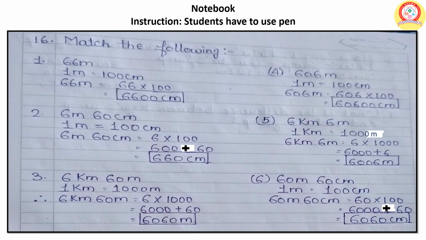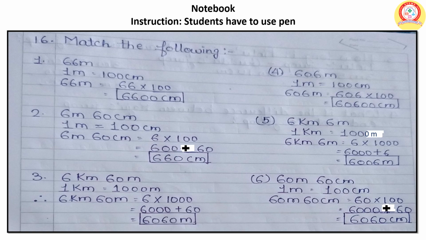Now in fourth sum children, 606 meter is equal to how much centimeter children? So children, 1 meter is equal to 100 centimeter, then 606 meter is equal to how much centimeter?